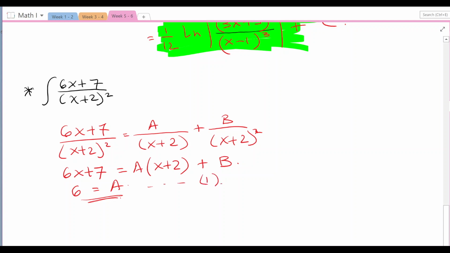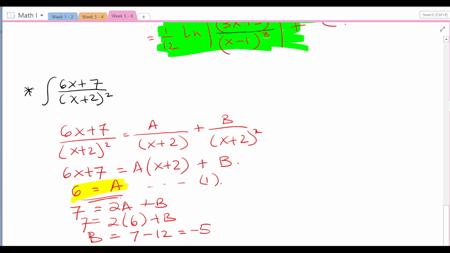The second equation: we look at the constant, which is 7 on the left, and on the right hand side we have 2a plus b. Therefore 2 times 6 plus b equals 7, so b equals 7 minus 12, which is negative 5. That's our b. Just to highlight, a equals 6, b equals negative 5.